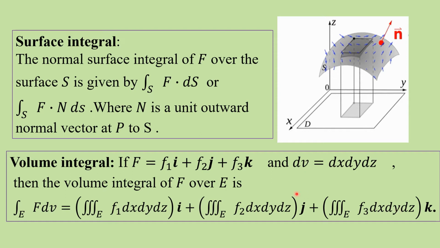So if f is a continuously differentiable vector point function, the volume integral of f over the region E we can obtain by using the triple integral concept. Component-wise we have to take the triple integral, and that gives the volume integral of f.